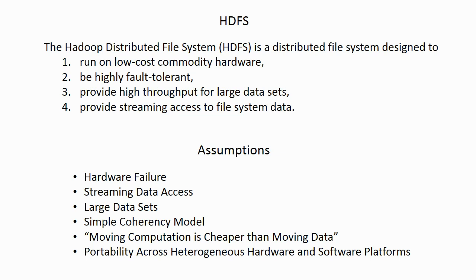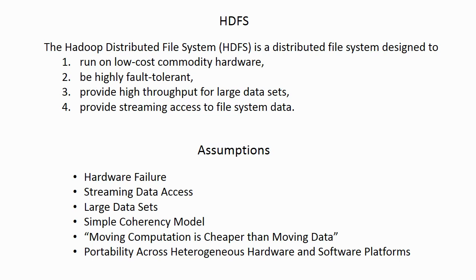These are some of the main features of HDFS. It has been designed from the beginning to run on low-cost commodity hardware, and because low-cost commodity hardware is cheap, it also has a high probability of failure. So again, from the beginning, the HDFS was designed to be highly fault tolerant.